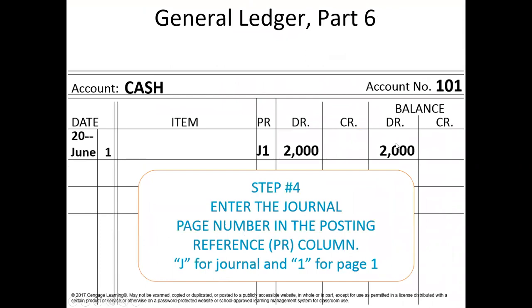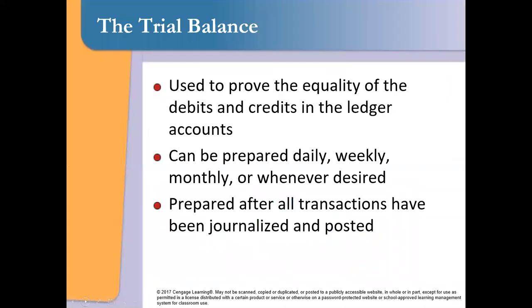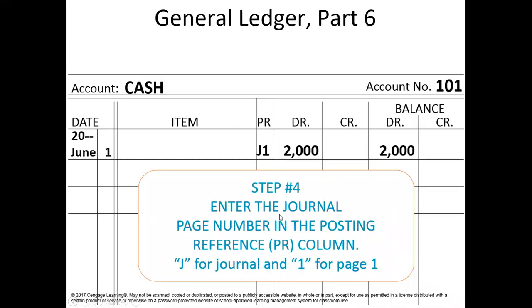Right here, this will tell us this amount, whatever it is, and we could have a gazillion entries here, right? We could have tons of them. Well, as we're going along, we're keeping track, and so this number, whatever that number is, the last one, should be the amount, and whether it's a debit amount or a credit amount depends, and that tells us where to put it in our trial balance. In this case, cash had a $2,000 debit balance.